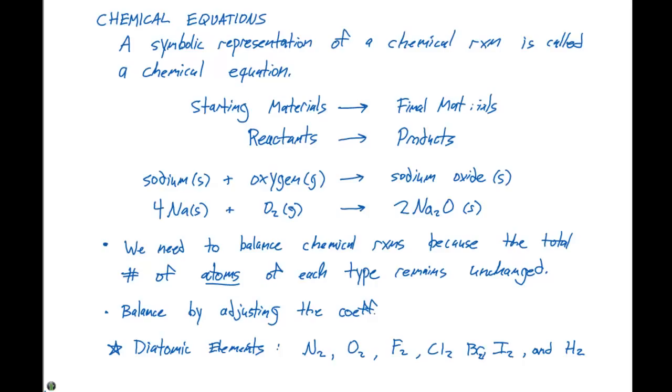If you look on the periodic table, starting with nitrogen, element number 7, going over to fluorine, coming down to iodine, it makes an upside down L on the periodic table, and in addition, you have hydrogen. So these are the 7 diatomic elements that you're going to need to be responsible for. So if I say nitrogen gas, you need to recognize that that nitrogen gas is N2 and not just N. So here are all our diatomics.